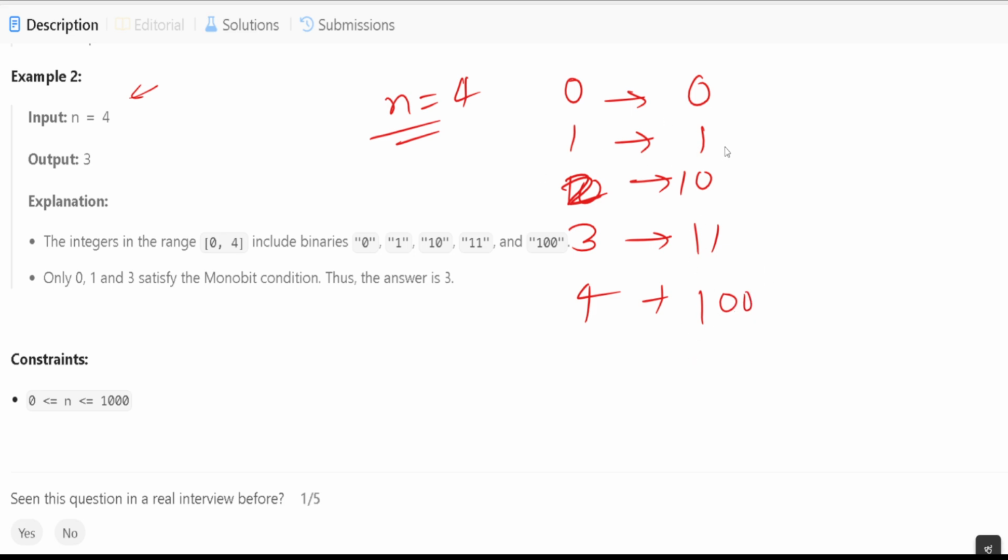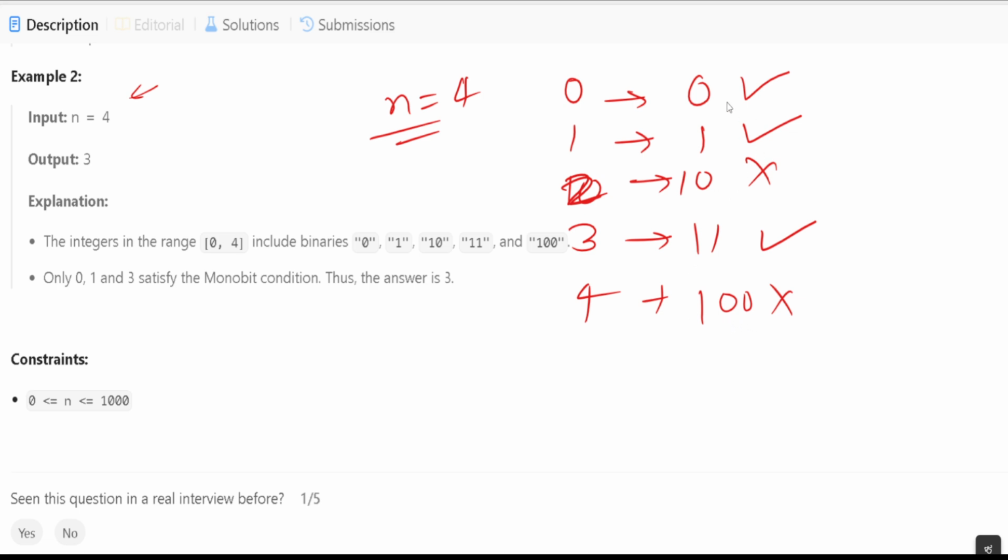The very first thing is that 0 will be counted and 1 will be counted. Next, coming to 1 0, it will not be a monobit, right? Then 3 is 1 1, so it's a monobit. Is 4 also a monobit or not? No, because it is a combination of 1 and 0, right?